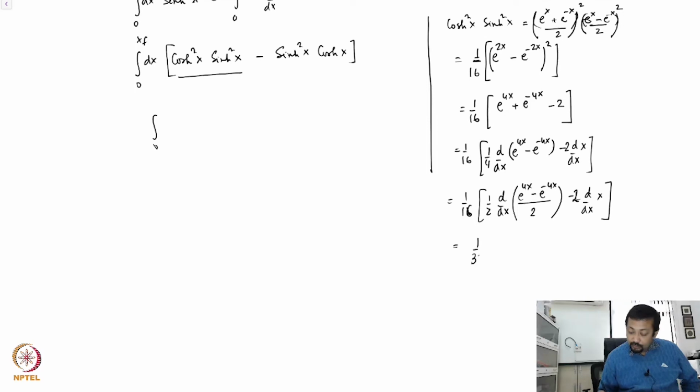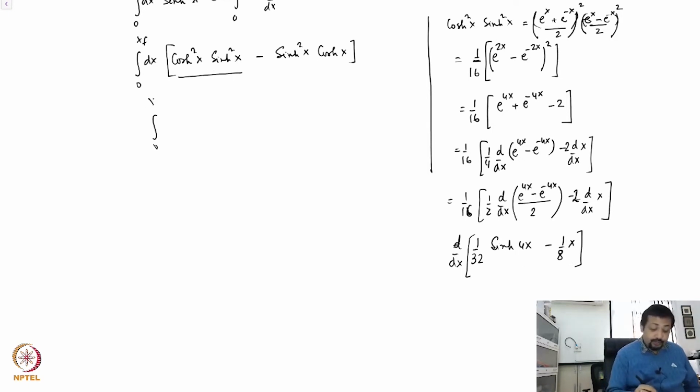So I will have 1 over 32. Let's take the d dx outside. Sine hyperbolic of 4x minus 1 by 8 times x. So this is the integral. So therefore 0 to xf dx cos square x sine square x.